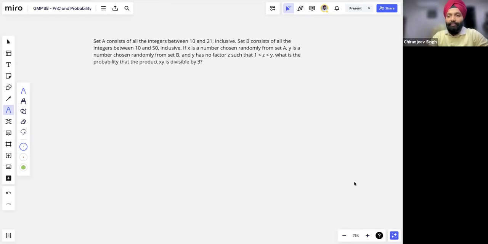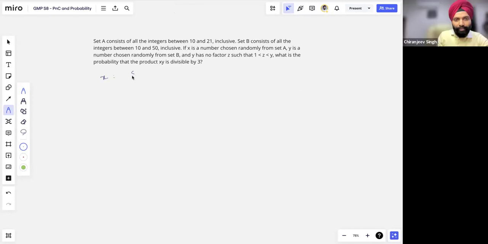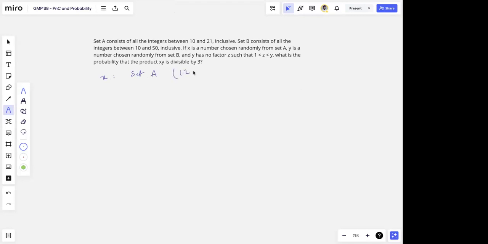The summary, how did you do it? Yeah, so I basically considered the number of favorable cases in X, which is 4 by 12. In set A, the numbers that are divisible by 3, there are 4 numbers.